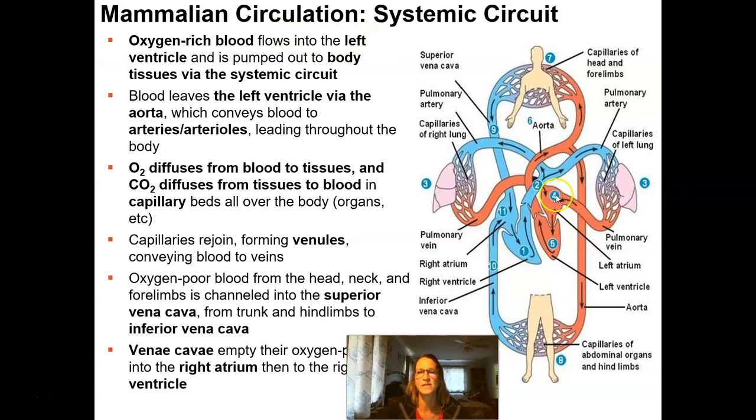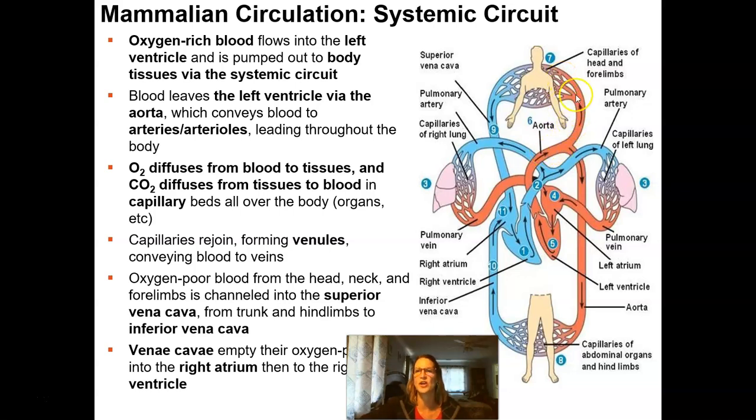Here, the numbers of this are labeled a little bit differently. The oxygen-rich blood flows into the left ventricle from the pulmonary circuit, right? So we have the pulmonary circuit blood right here into the left ventricle, and then the oxygenated blood is going to flow out of the left ventricle into capillary beds that are throughout the body.